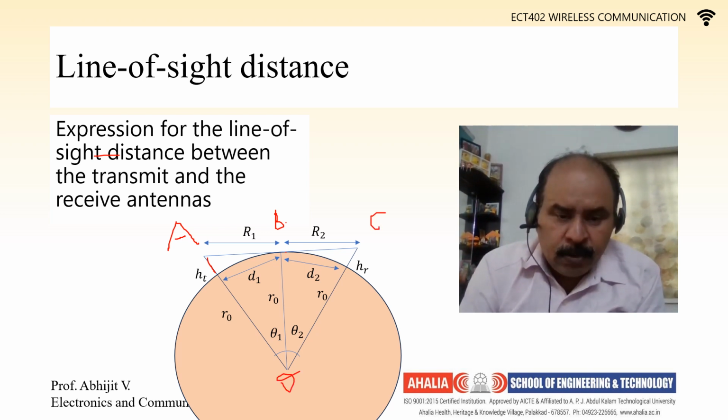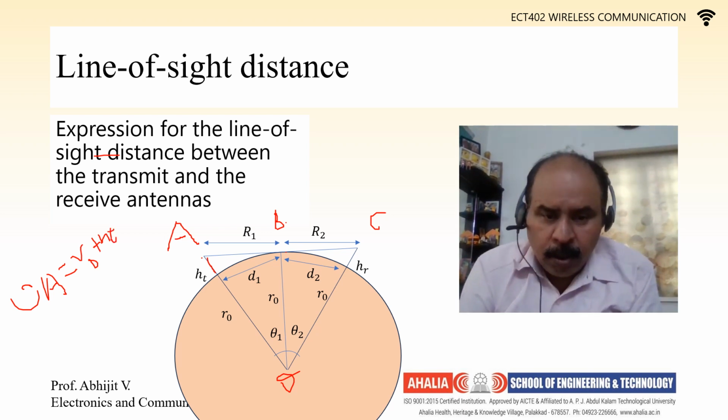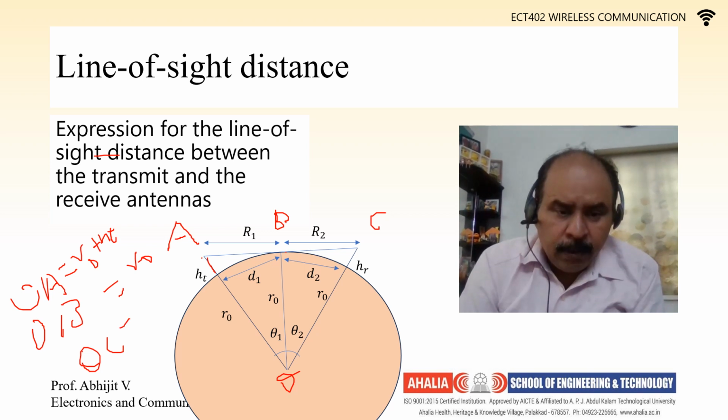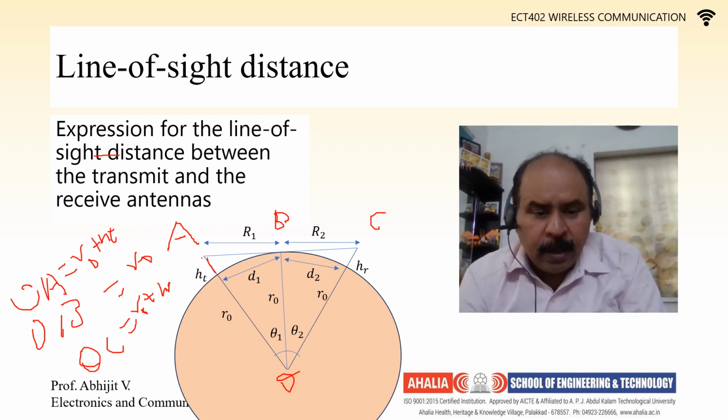So OA, the distance from the center of the Earth to the tip of the transmitting antenna, will be equal to R0 plus HT. OB is equal to R0, and OC will be equal to R0 plus HR, the height of the receiver antenna.